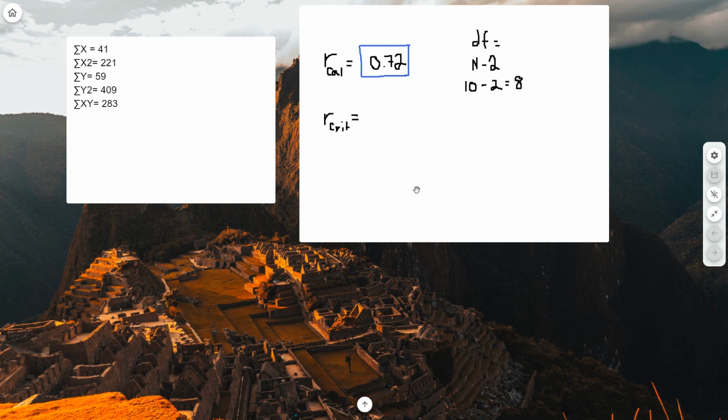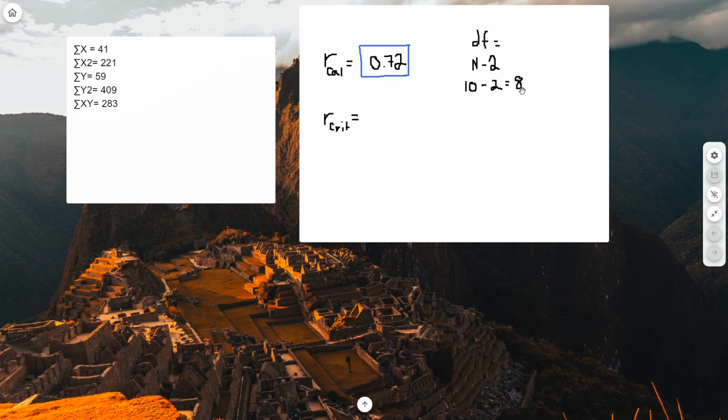Getting a little bit further along here, we have the critical value for R. I'm sorry, the R calculated is 0.72. Now we need to find the critical value, and the way we do that is we have to begin with the degrees of freedom. The formula for the degrees of freedom is n minus 2. For our fact pattern, we have 10 pairs, and if we subtract 2 from 10, we get 8.